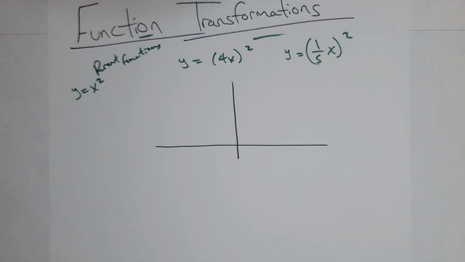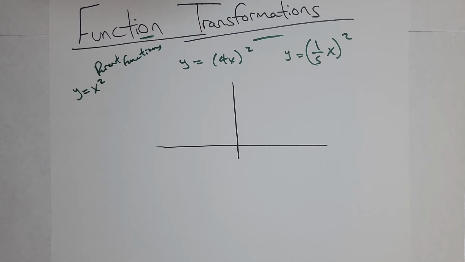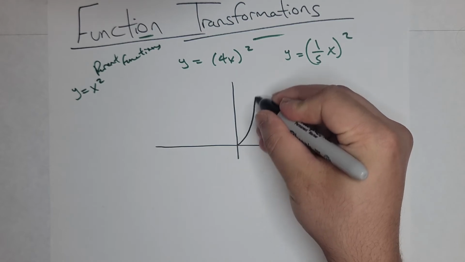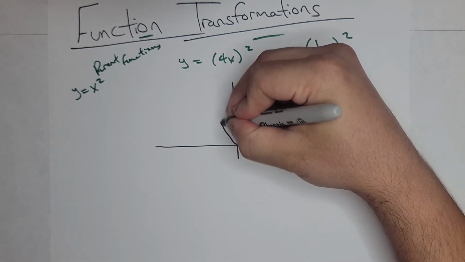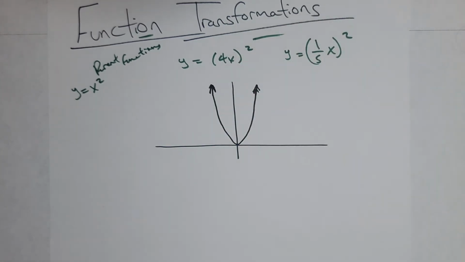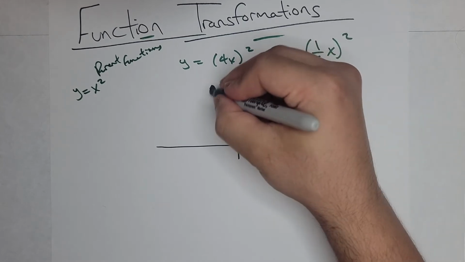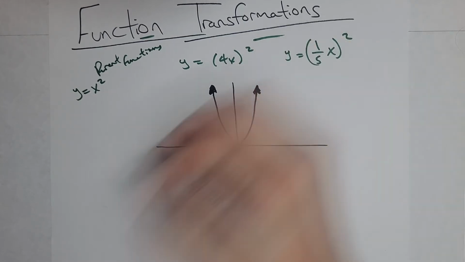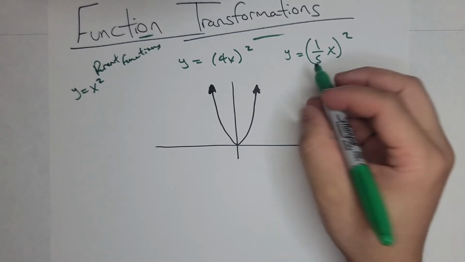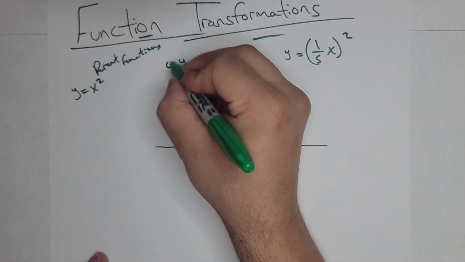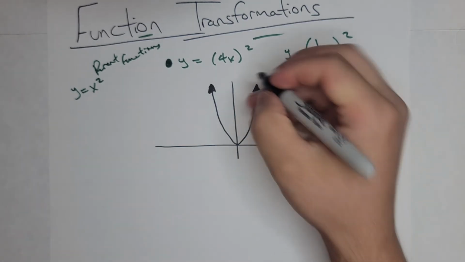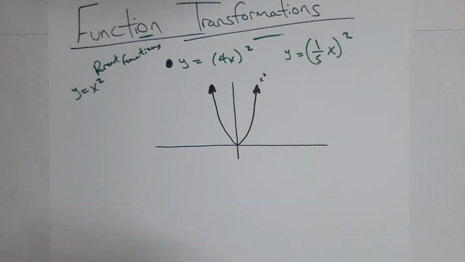Let's say we have a regular quadratic. And now let's put in this one in green. So this black one is our x squared.